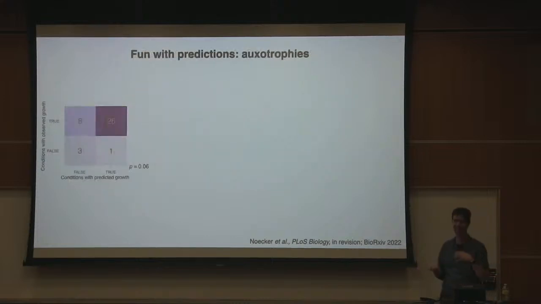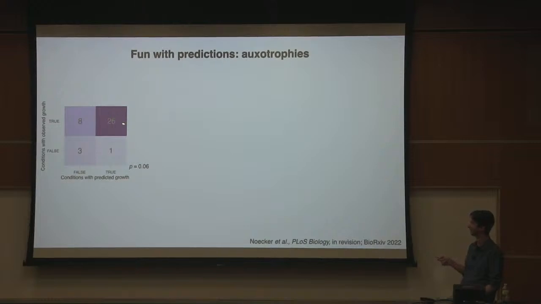And so now that we have a model, we can play around with it. You can do anything. Maybe we're going too far off the deep end, but you can judge for yourself. But one thing you can do is try to better predict computationally what Elenta needs to grow. And so we ran the same media conditions that we had already tested experimentally, and then just looked at the overlap.